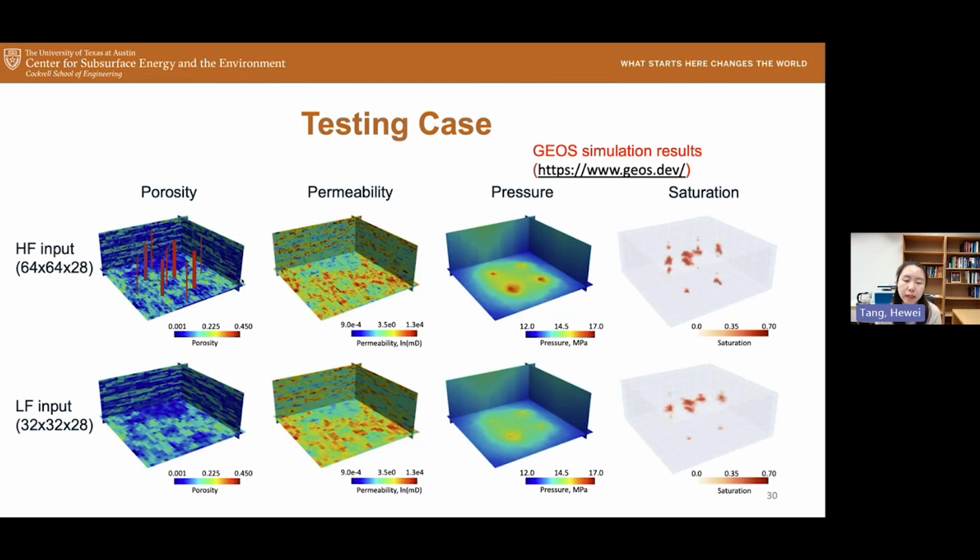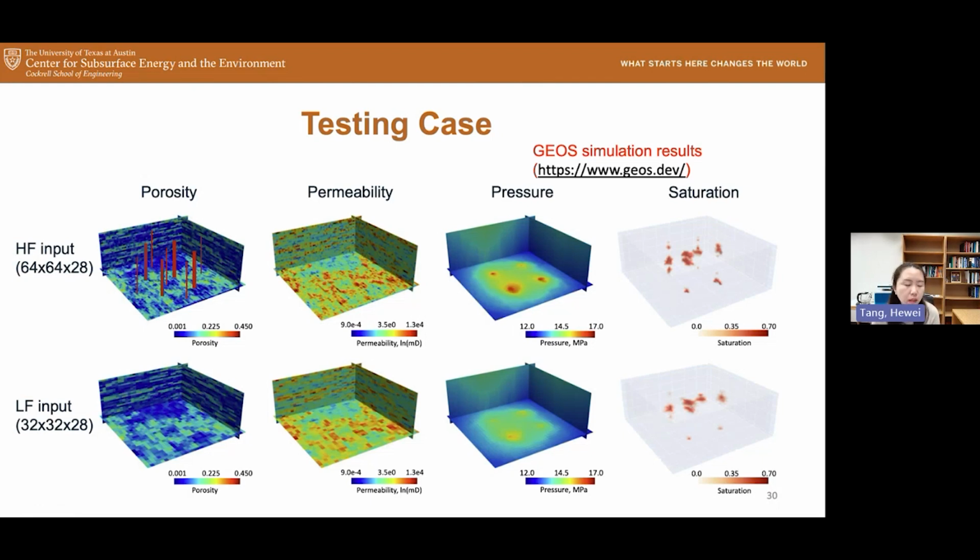sensitive to the discretization. So if we are using high fidelity input, we will have much higher pressure around the wellbore than using low fidelity porosity and permeability as input. And also the CO2 saturation distribution will be slightly different as well.